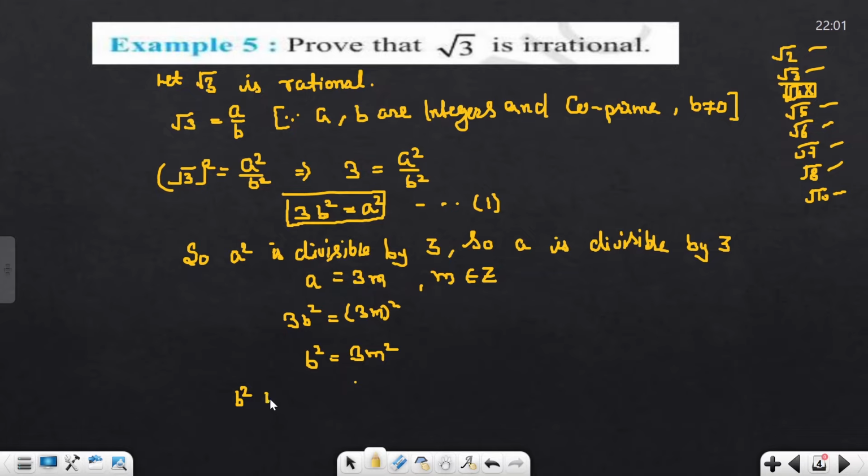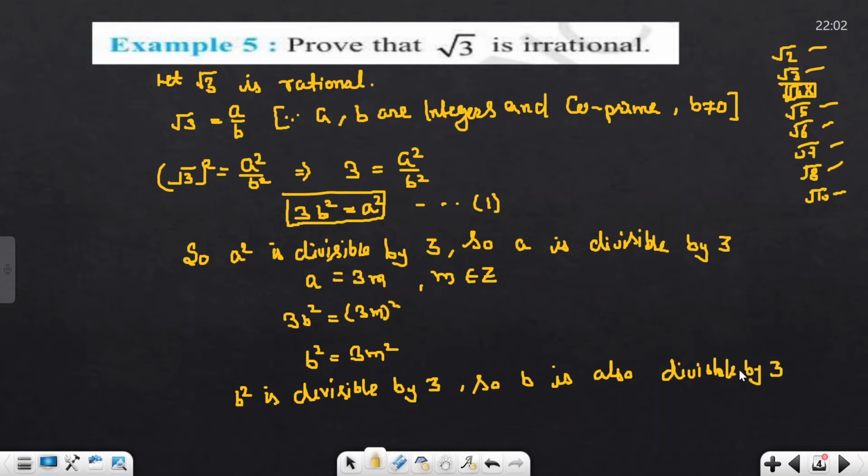So again, b square is divisible by 3, so b is also divisible by 3.